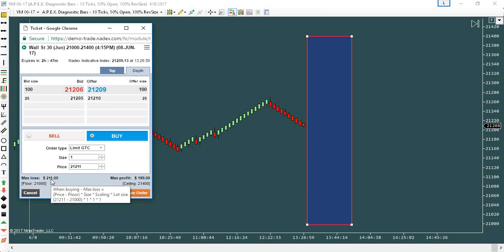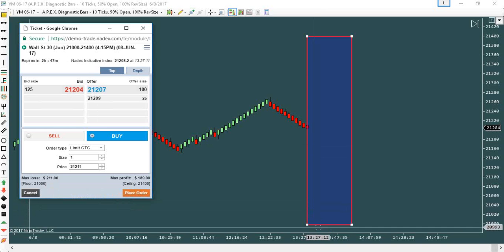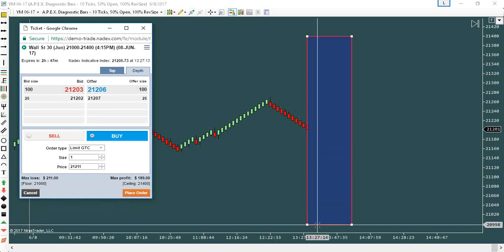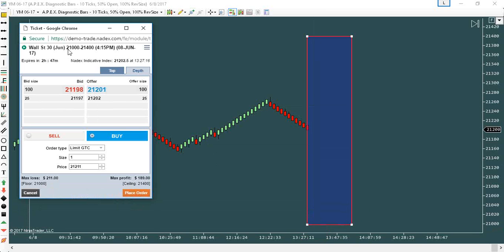Well, how is that number figured? Well, if I could have bought it at the time for 21,211, where is the max amount that I can lose? The floor, which is what? 21,000. So what is 21,211 down to 21,000? It's $211. Does everybody see that?